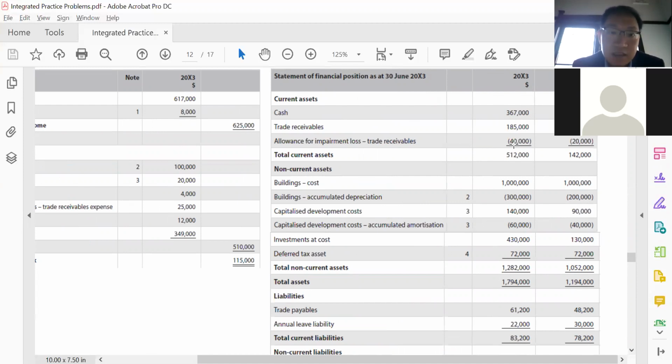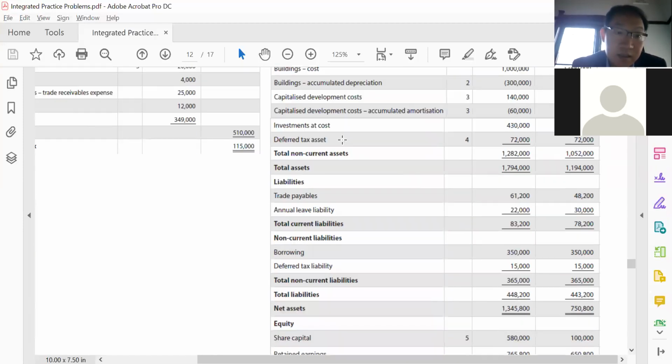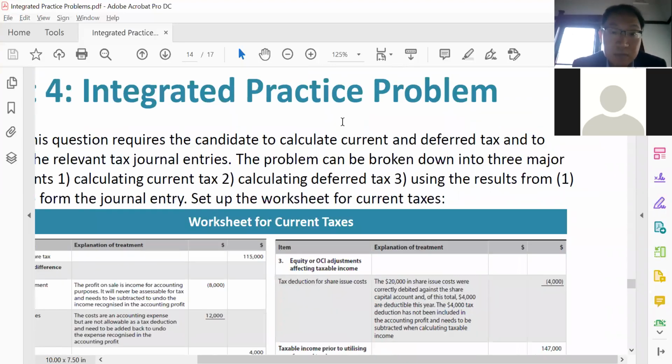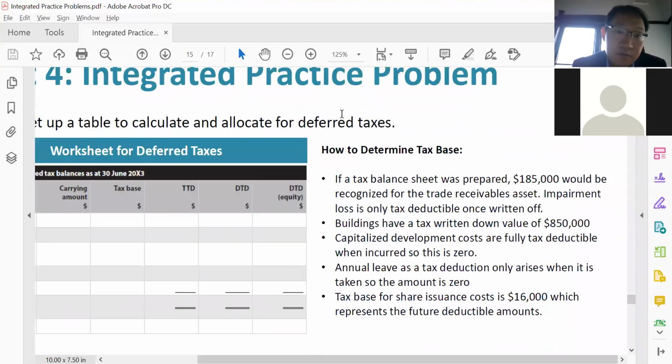So from an accounting carrying amount perspective, this amount is 145,000. However, for tax, it's saying that, hang on, I'm not going to allow you to recognize these impairment losses because I don't know if they have been incurred. So that is why the tax base for the receivables item is going to be 185K.